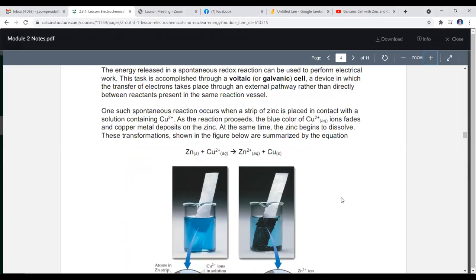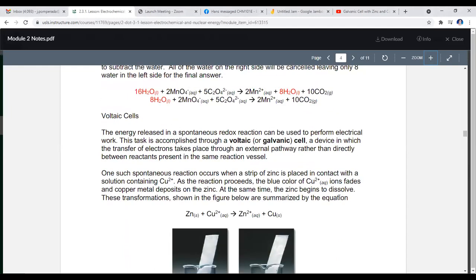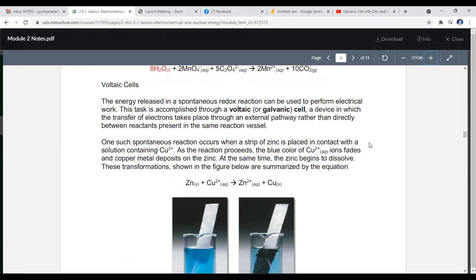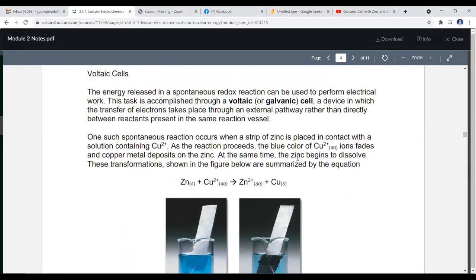We'll go to voltaic cells. What are these voltaic cells, otherwise known as galvanic cells? When we speak of voltaic cells, the energy released in a spontaneous redox reaction can be used to perform electrical work.